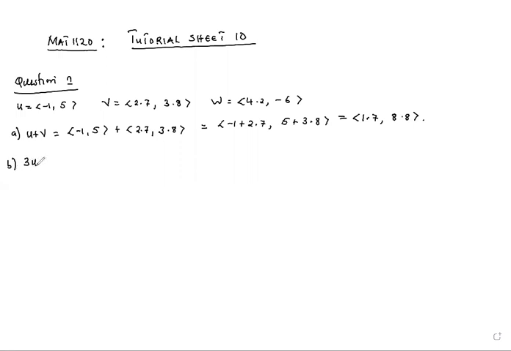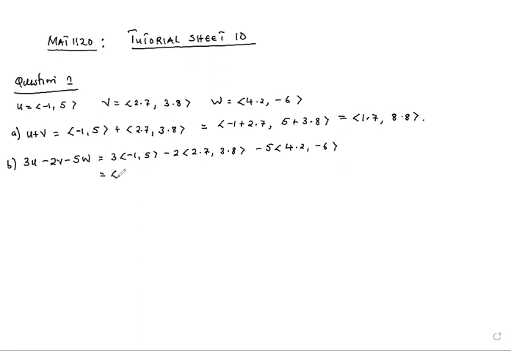Then 3u minus 2v minus 5w. This is 3(-1, 5) minus 2(2.7, 3.8) minus 5(4.2, -6).